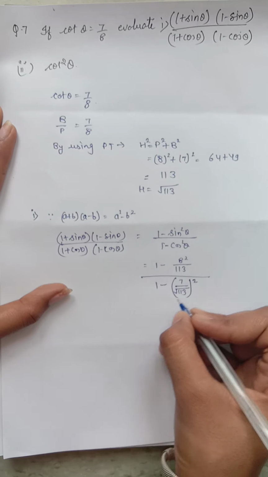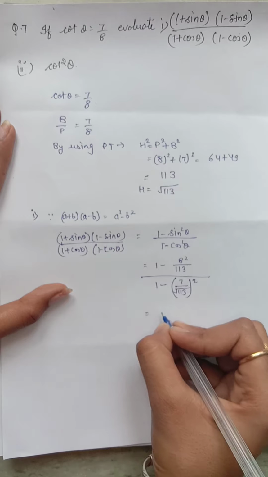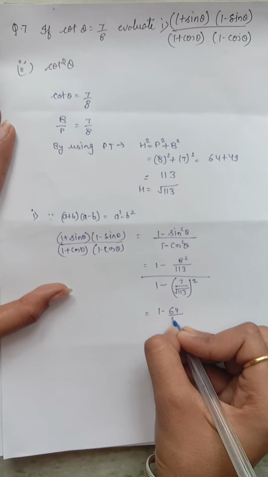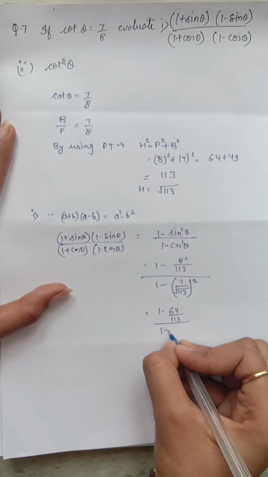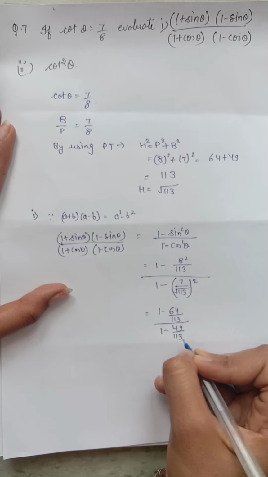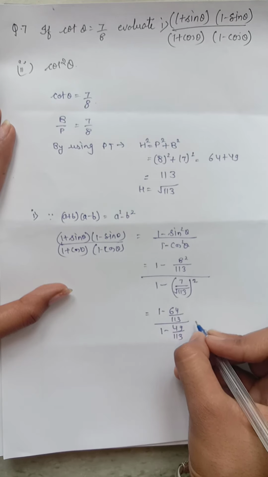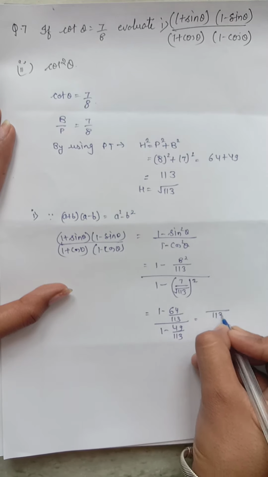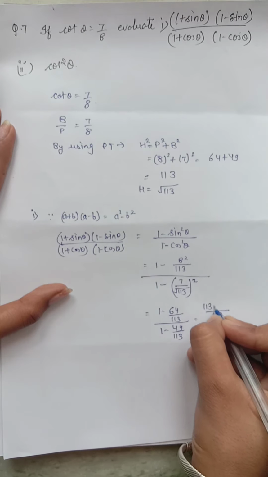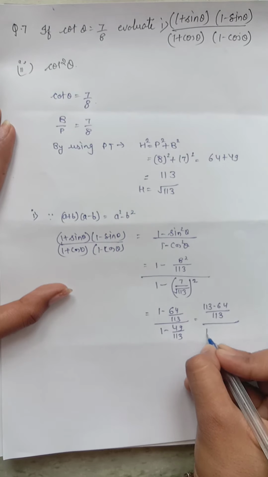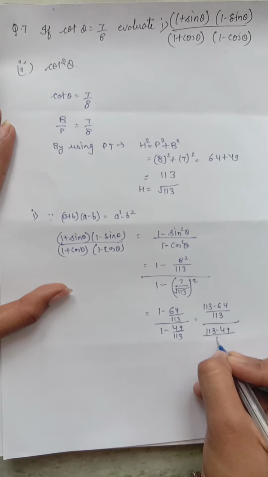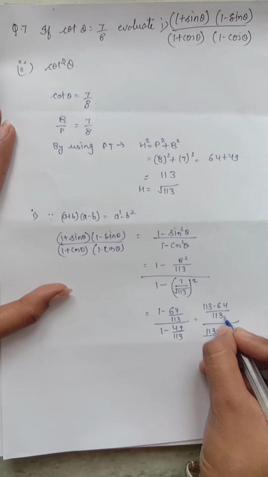So we will get 1 minus 64 upon 113, upon 1 minus 49 upon 113. 113 will be the LCM. So 113 minus 64 upon 113, upon 113 minus 49 upon 113, the 113 will cancel out.